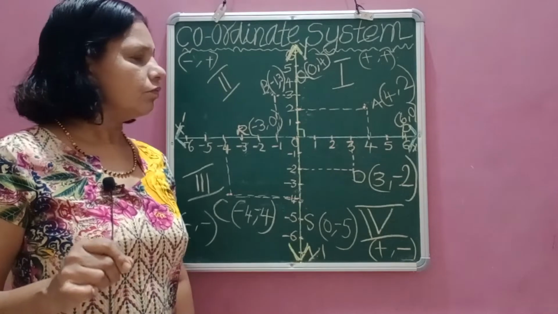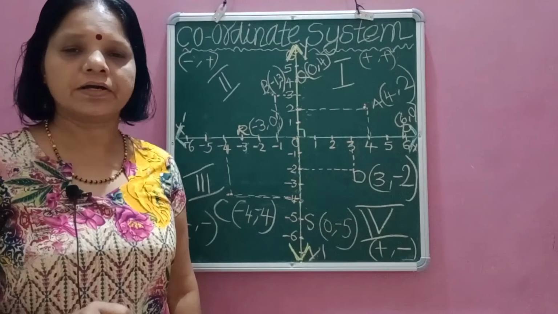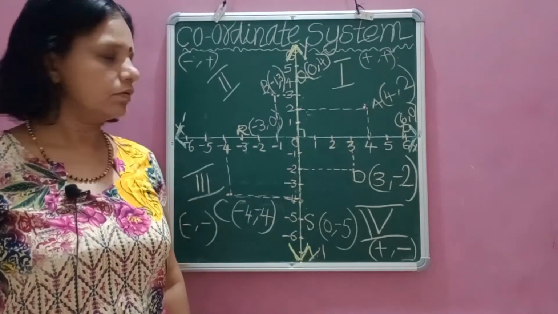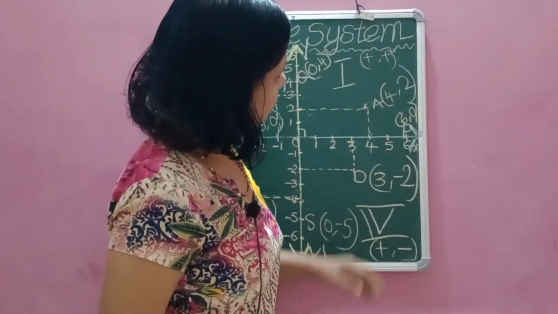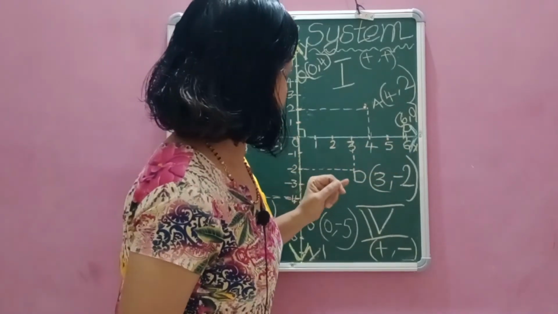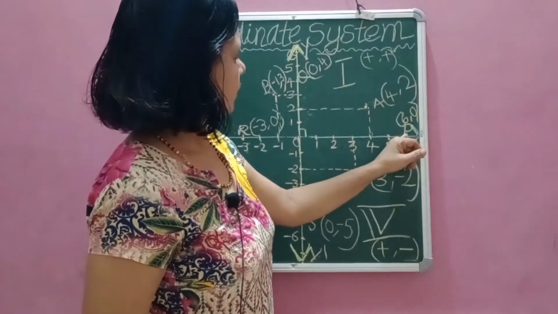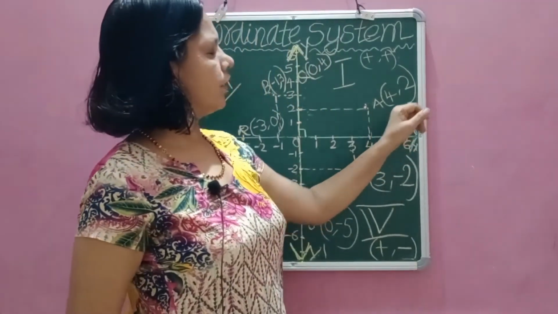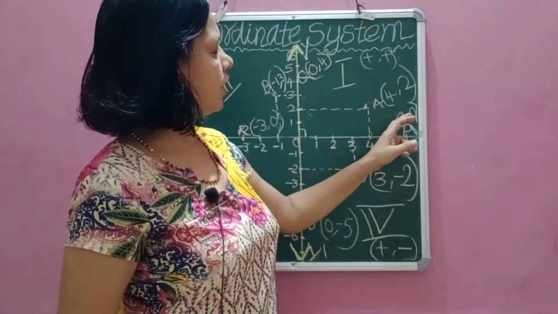Now, first we will see the points on x-axis and y-axis. What will be their coordinates? Now look at the point on x-axis. Here there is a point D. In brackets, you can see the coordinates written 6 and 0.